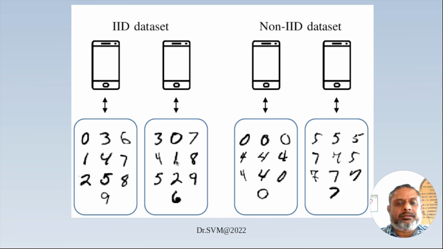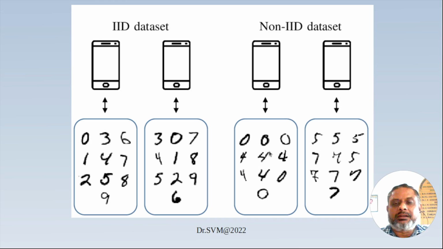In the second case also, 0 to 9 are there. But if you look at the non-IID dataset, in one dataset you are getting only zeros and fours, whereas in the other dataset you are getting 5s and 7s.